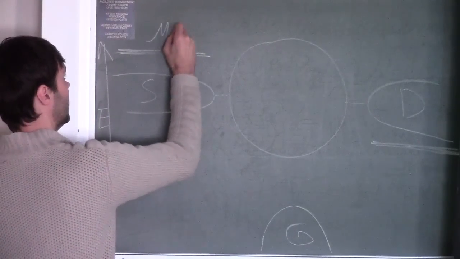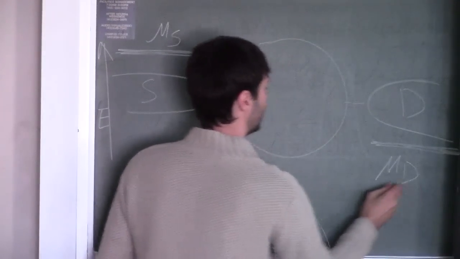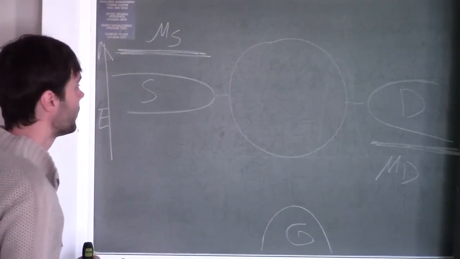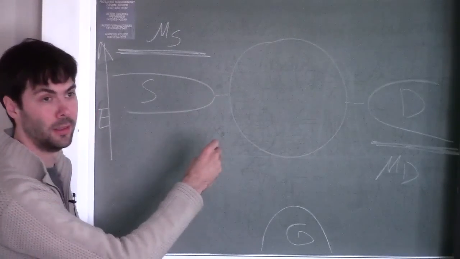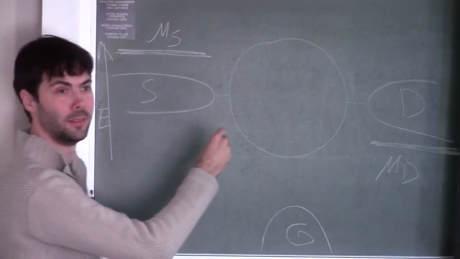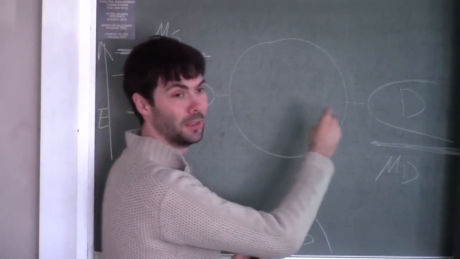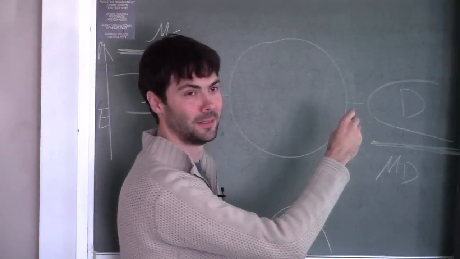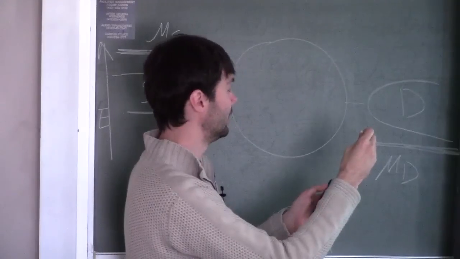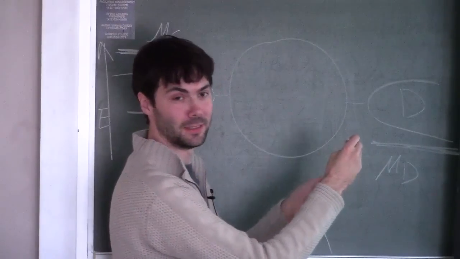So this will be the source chemical potential, and this will be the drain chemical potential. And the difference between them, that will be the, which one? This one, the bias. Yeah?